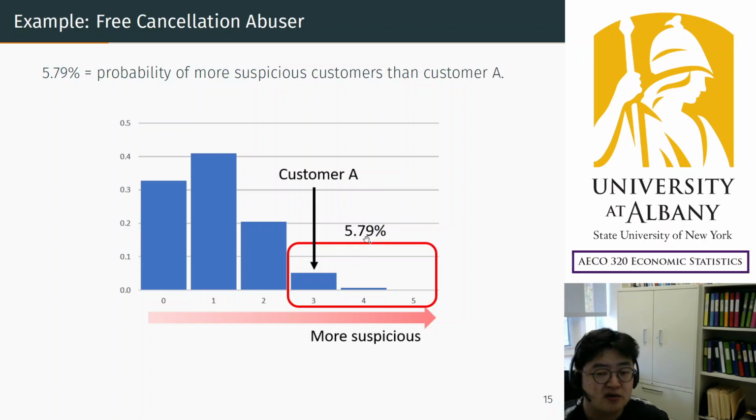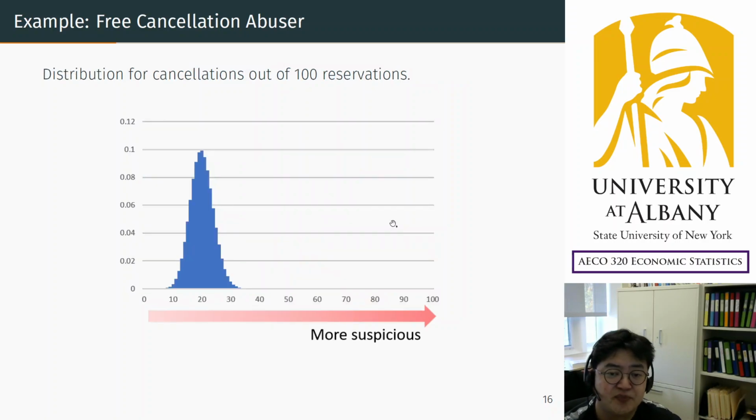Now we are comparing this customer to customer B, who canceled 30 times out of 100 times. So we are going to compare the ranking between customer A and B. Okay. So now we will change the shape of the distribution, because the reservations are now 100.